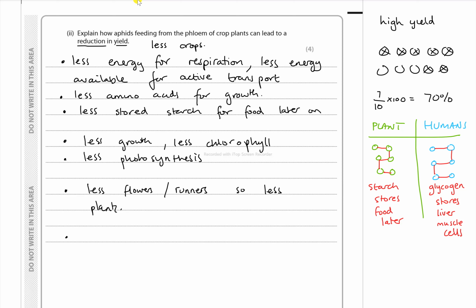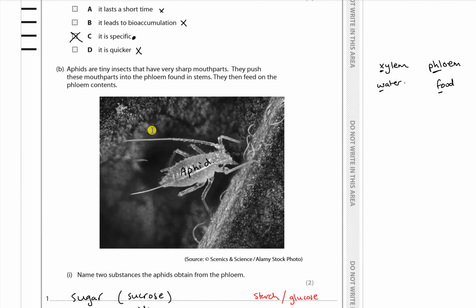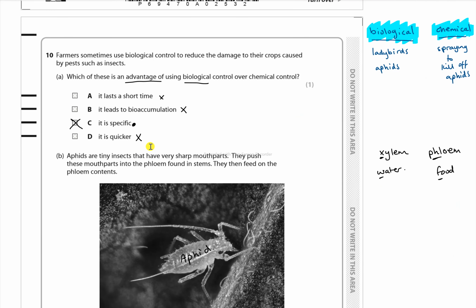Right. Because you've got an open wound, you have more chance of infection getting in, and it'll spread from plant to plant. So more chance of infection due to, what did they say here?